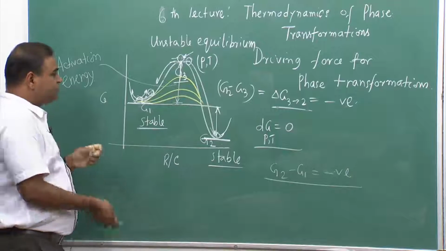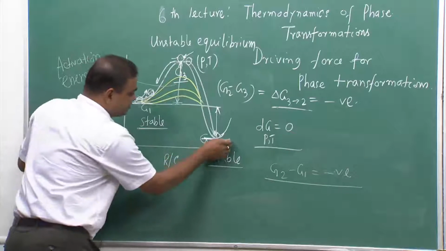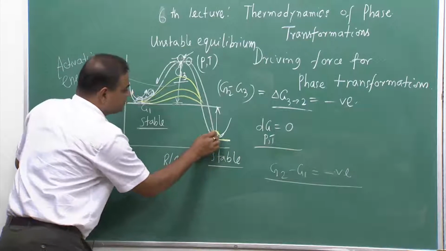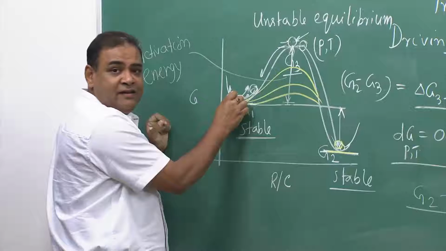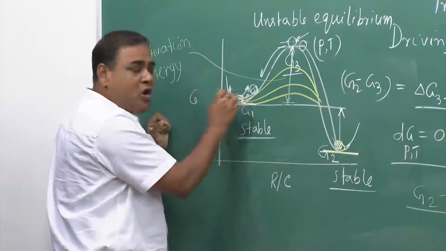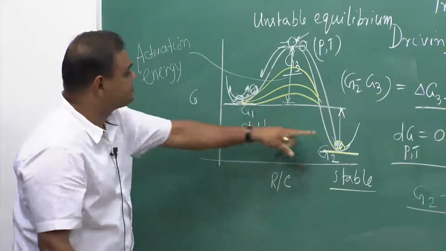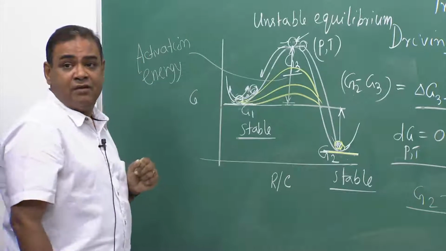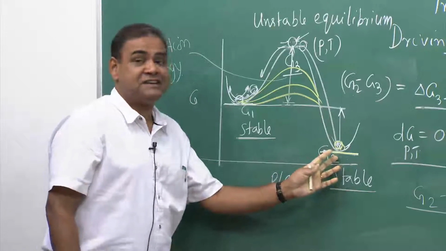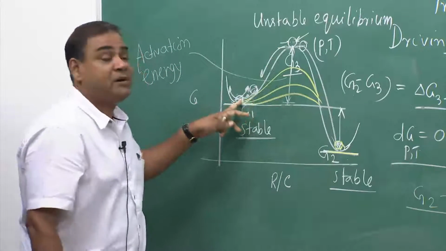Now, similarly, if the ball wants to go to this point, it is not a spontaneous process, because the ball cannot go on its own from here to there, but it can go if we give sufficient excitement, it can cross this barrier and come here.